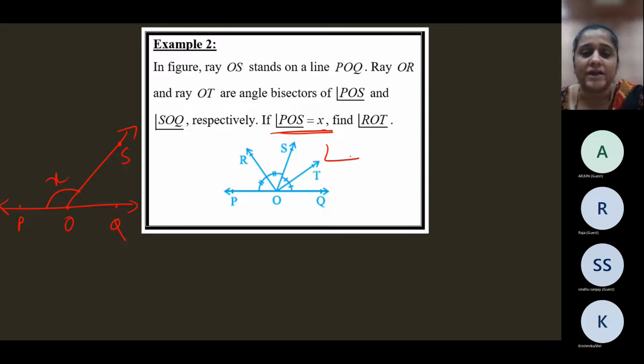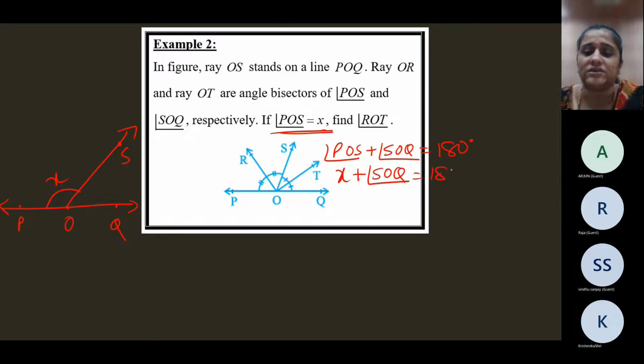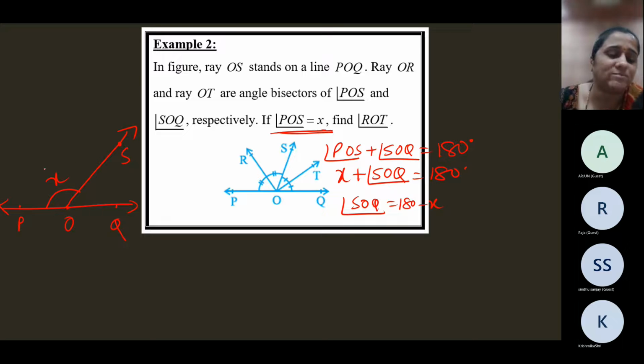Now, what do we know? Angle POS plus angle SOQ is equal to 180. So X plus angle SOQ is equal to 180, so angle SOQ is equal to 180 minus X. See, it's very simple.